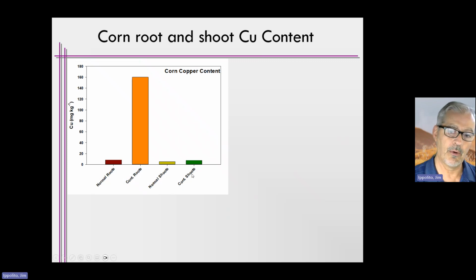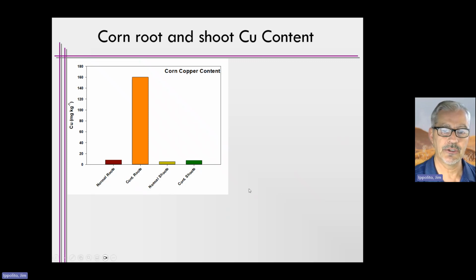Let's focus on the normal shoots and the normal roots in terms of copper concentrations. The normal roots have a copper concentration of maybe about 10, and the normal shoots have a copper concentration of maybe 5. And what do we see in the contaminated roots and the contaminated shoots?